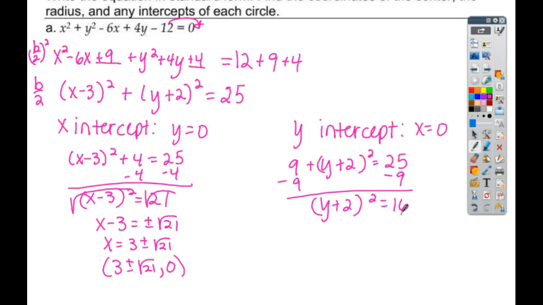And when I take the square root this time, they're whole numbers, so it's plus and minus 4. So my y is going to equal 2 plus and minus 4. So 2 plus 4 is going to give me 6, and 2 minus 4 gives me a negative 2.